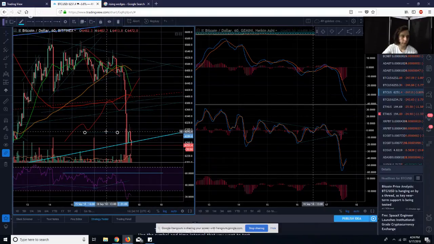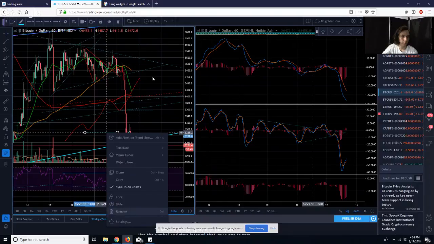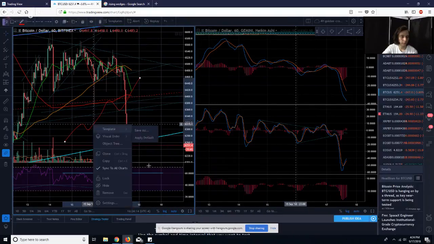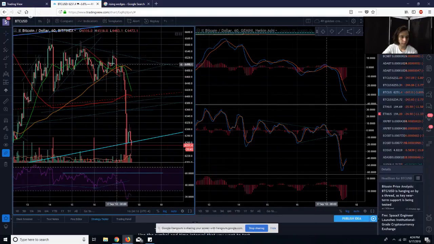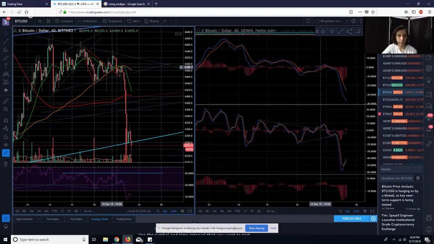So for instance, get rid of that. For instance, if you were to long over here because the MACD told you to long, your stop loss would have been probably over here. You would have longed. Your stop loss would have been at this trend line over here, or at the bottom of the body from this candle right here.